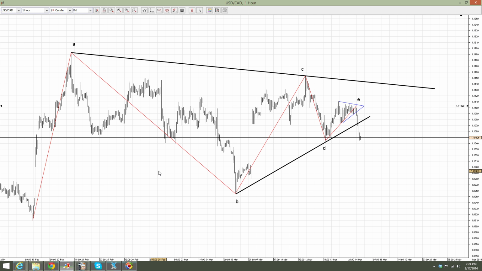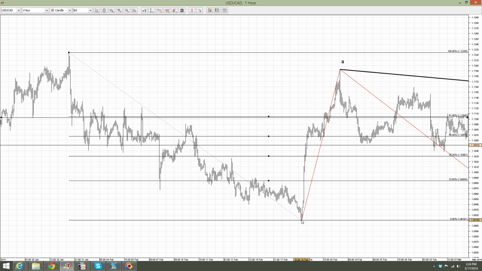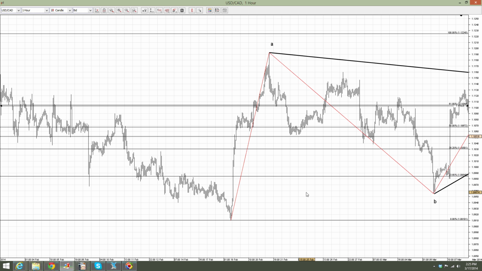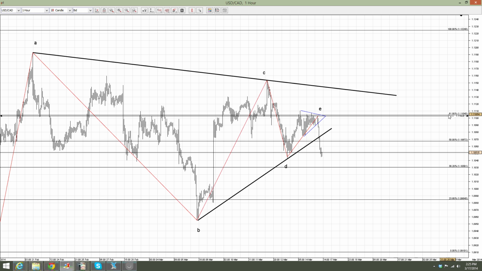Now, what do we have here? Because if you go back and you look at the move from the highs and take a Fibonacci retracement from the highs here till the lows here, we are looking for the 61.8. Look, where is the 61.8?